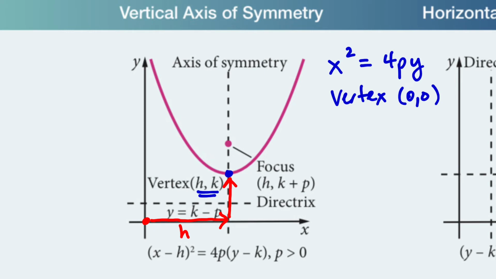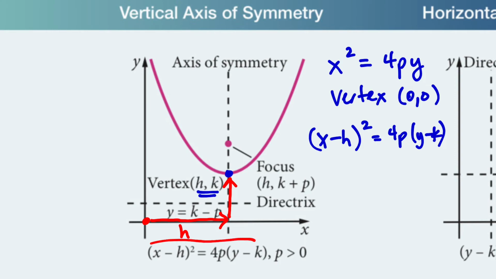So all I have to do is replace x with x minus h and replace y with y minus k. If you do that, you get (x minus h) squared equals 4p times (y minus k). And that's the equation of a parabola when the vertex is at (h, k). And you can see that right here.